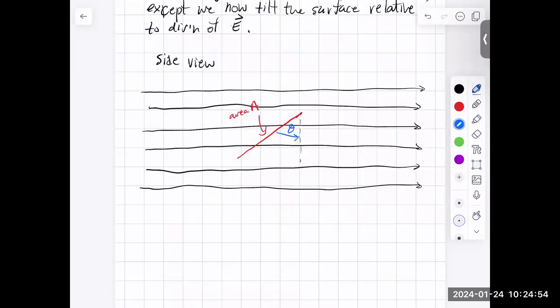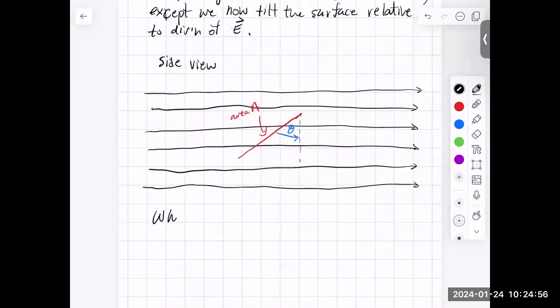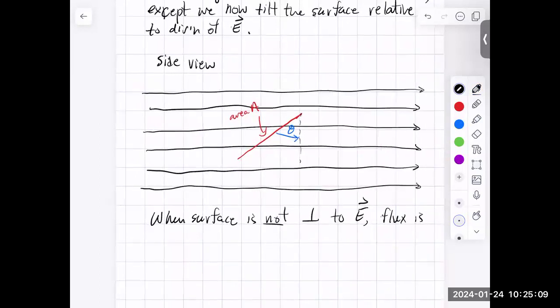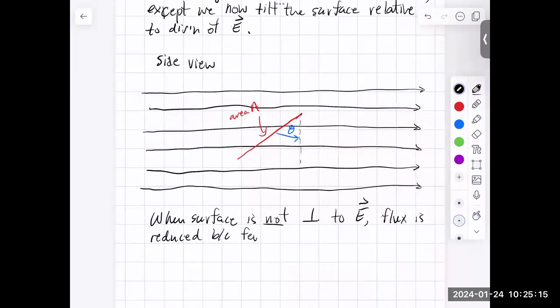So when the surface is not perpendicular to E, the flux is reduced because there's fewer lines passing through our surface.